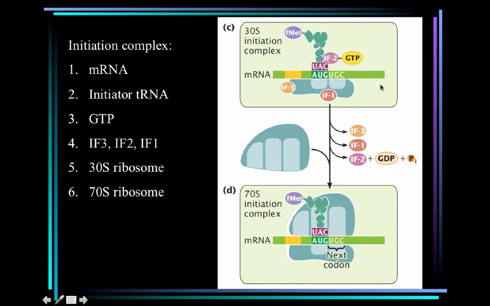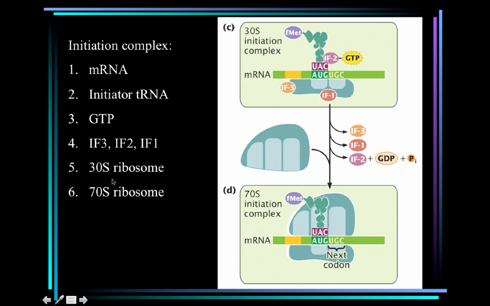So once we have all these things in place, then that large subunit is going to come in after IF3, 1, and 2 leave, and we get some energy exchange here, and is going to sit down on top of the transfer RNA and is going to start moving from the 5' to 3' direction.